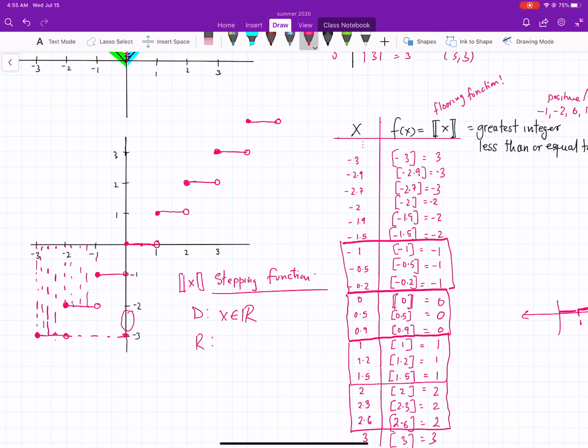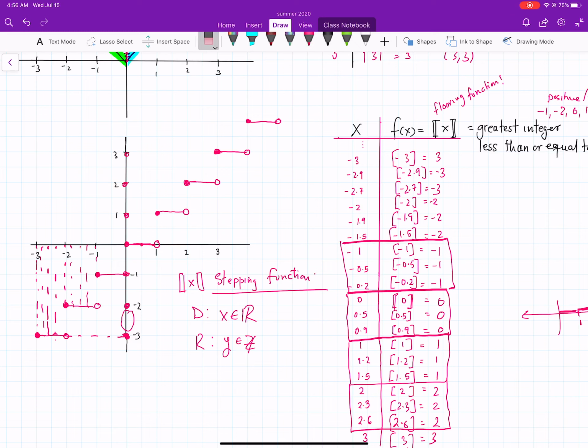So it looks like the y values are just these guys, all the integers that we have on this number line. So y belongs to the set of integers, and that's the notation.